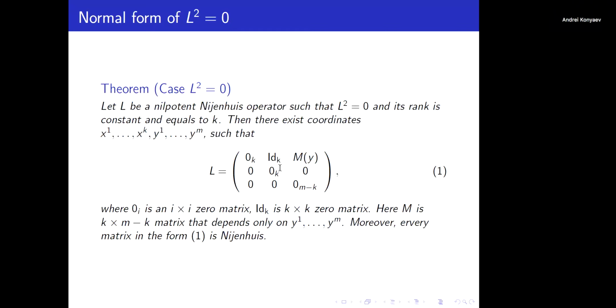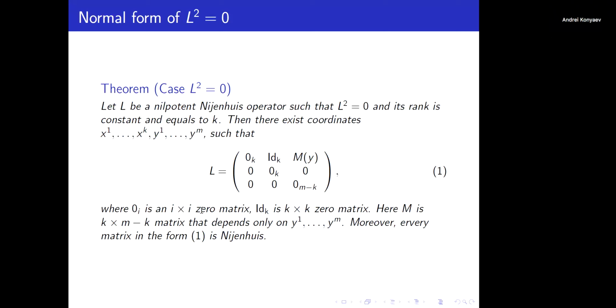Okay, we start with the following theorem. It's not a normal form, you need to understand. You can treat it as a normal form, but it's not unique, right? It's just a good form, a local structure. It means that we can take K, which in our case is the dimension of the image, like it used to be the dimension of the kernel in the proof.